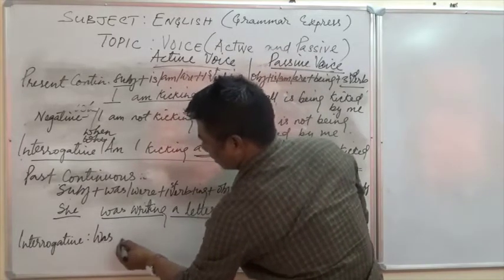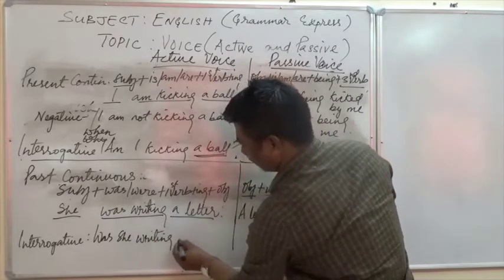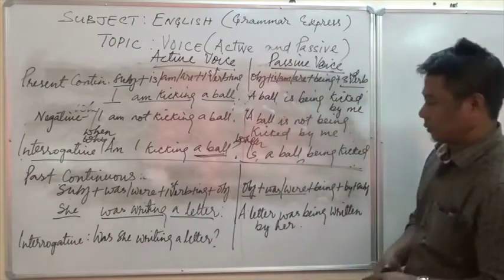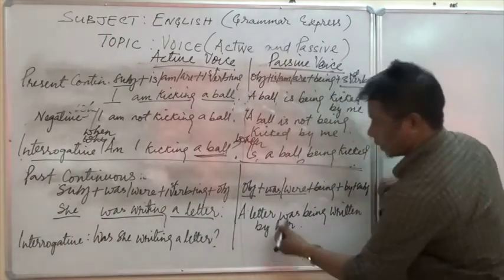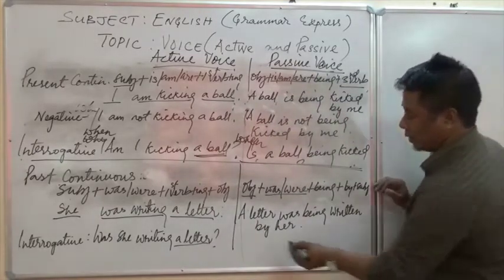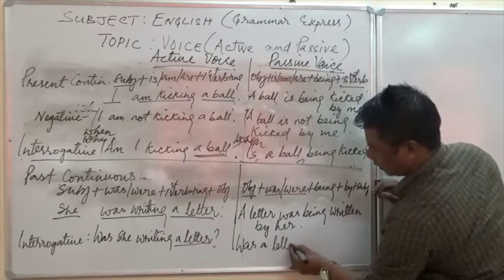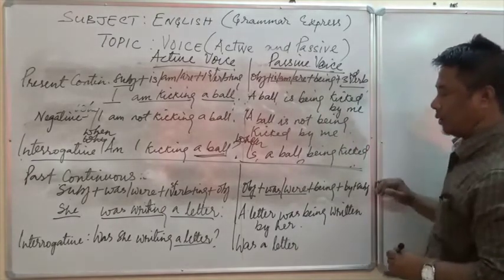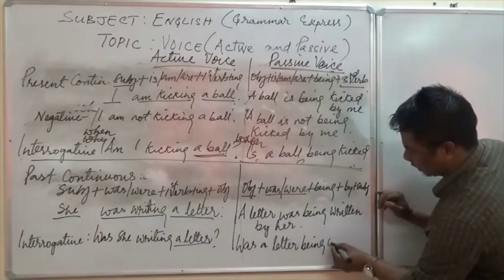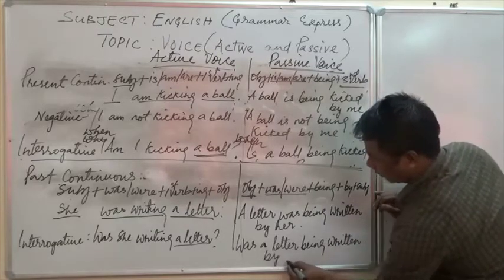For the interrogative sentence: Was she writing a letter? In the passive, was a letter being written by her?